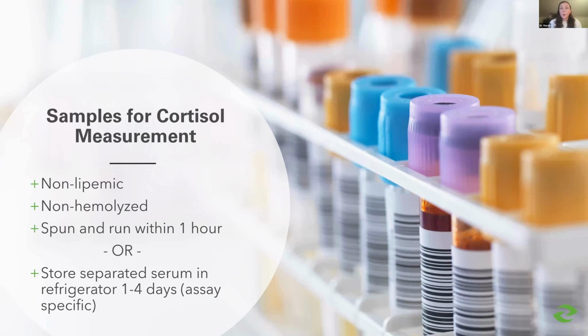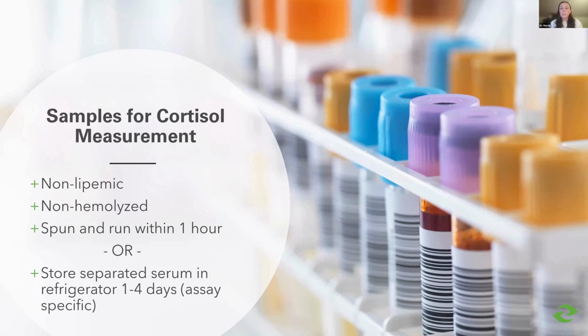Assays for cortisol measurement are also influenced by collection and processing. Interference is going to occur with samples that are lipemic or hemolyzed, and samples have to be centrifuged to separate the serum for test performance within 1 hour or for cool storage. Although dogs do not technically have to be fasted prior to pulling blood for tests of cortisol, we don't want to run the risk of having lipemia alter our results.